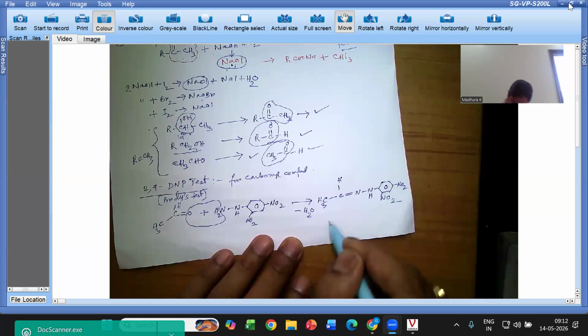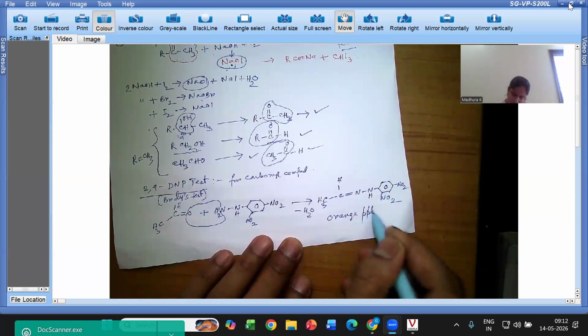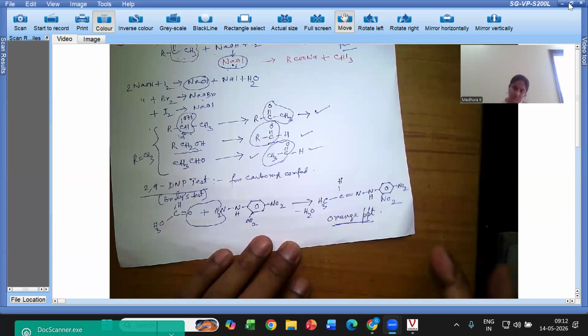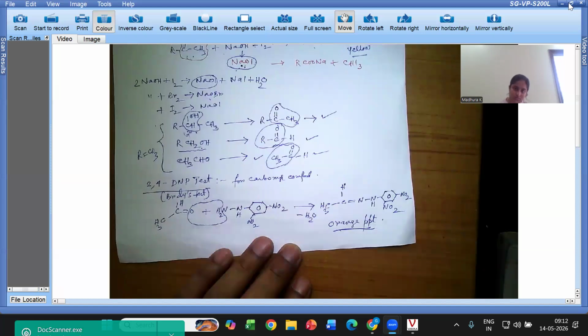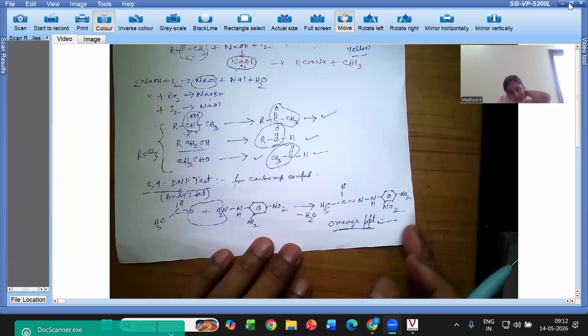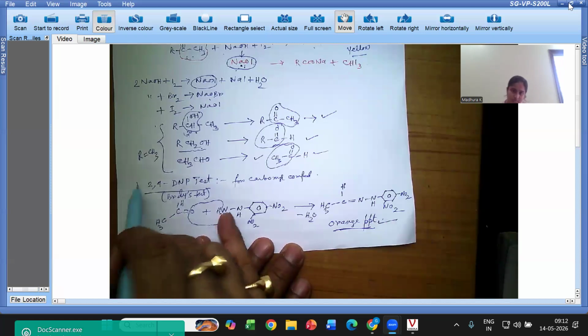This color you have to remember: orange precipitate. Sometimes they might ask what color the DNP test gives: it is orange color, orange precipitate. Am I clear to you? Yes, sir. Do you have any doubt? No, sir.